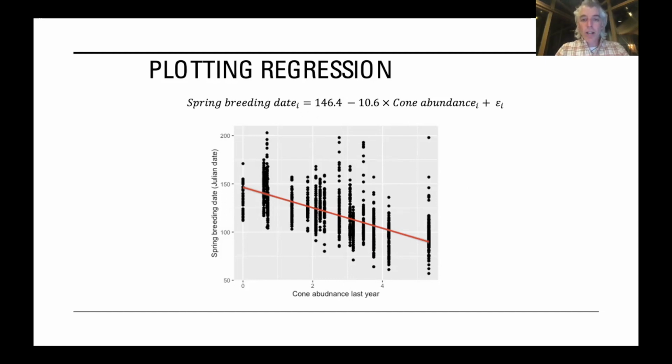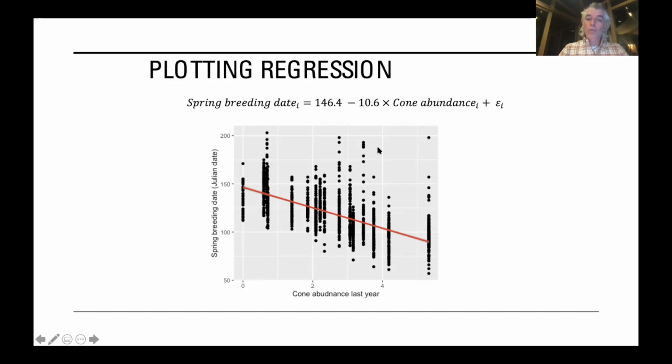Now we can generalize this a little bit instead of just talking about fitted values to refer to each particular observation i. So we can describe each individual observation in this regression using this equation where the difference between each observation and the predicted value from this line with this intercept and this slope is equal to the residual for that particular observation.